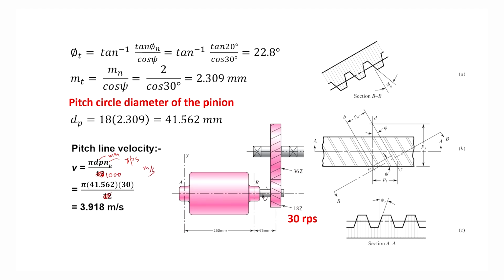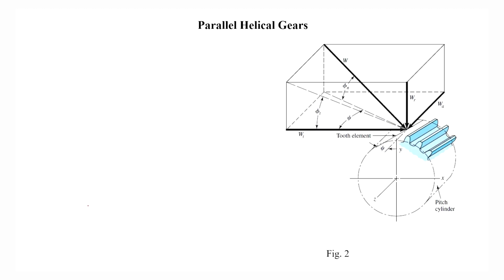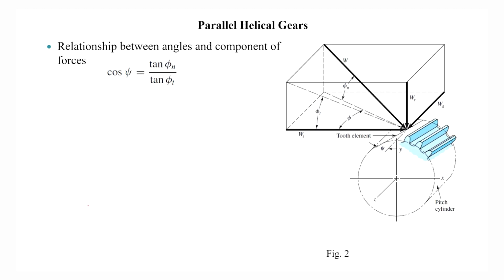So the pitch line velocity is obtained as 3.918 meters per second.